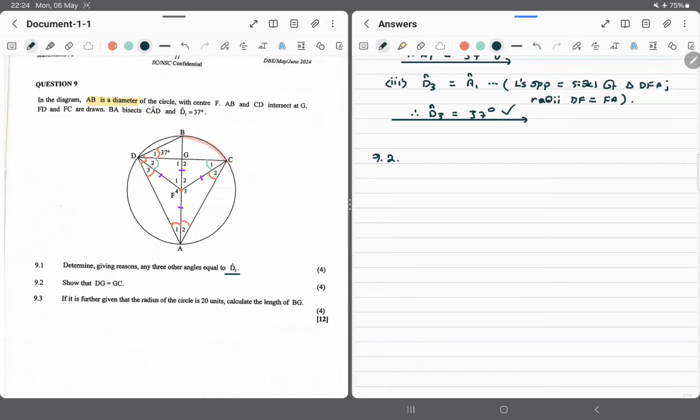So that means if we can prove that this angle here is 90 degrees, then we know that a line from center perpendicular to chord bisects the chord. So that's what we need to do here. All right. So let's look at that triangle.